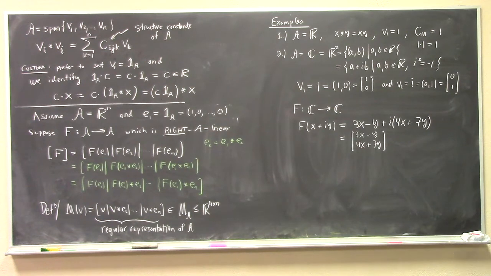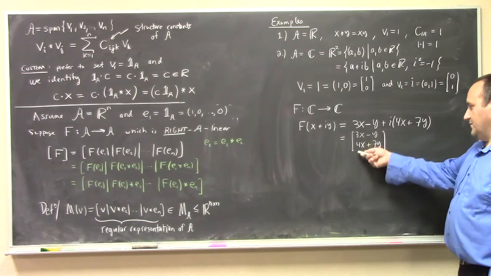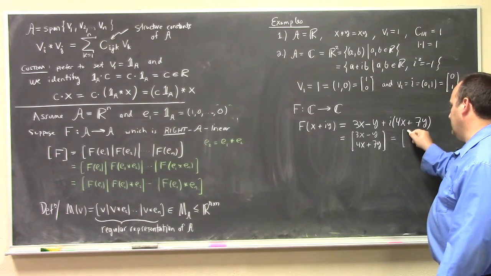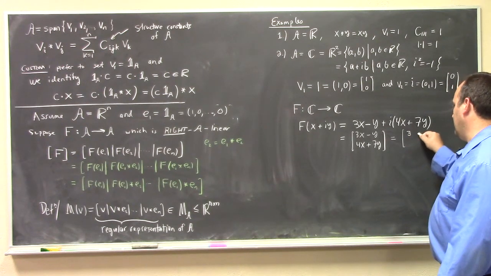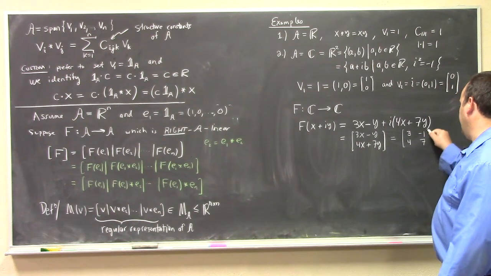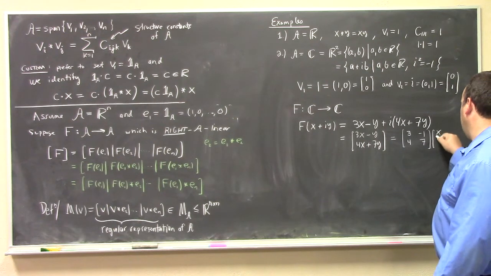So as a two component vector, that's what this complex number is. And then of course you can just write that as the matrix with rows 3, minus 1 and 4, 7, times the column x, y, right?